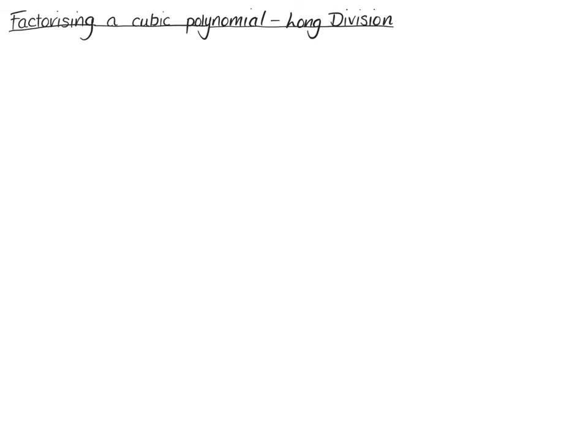Okay, so we have f of x is equal to x cubed plus 3x squared minus 13x minus 15. And we have the factor x plus 1.